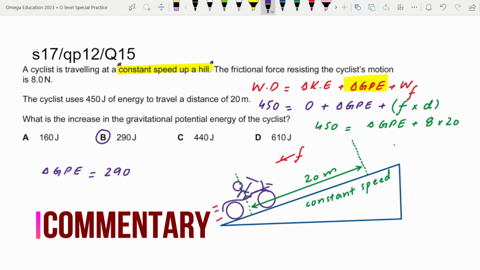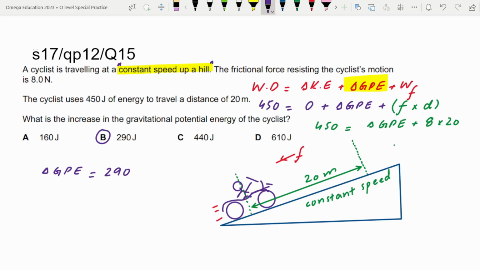But let me do just a bit of commentary on this one, and then we'll be done with this. The work that was done by the cyclist, we wrote this down as 450. But the formula would have been the forward force of the cyclist, which in this case you can call the driving force, the force of the engine. It's not exactly the engine, but it would be essentially the same thing.